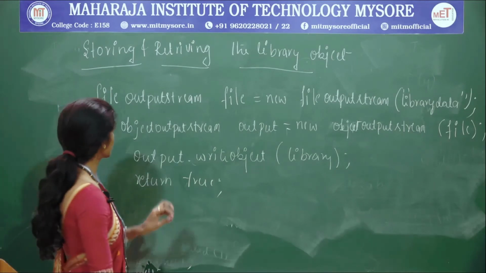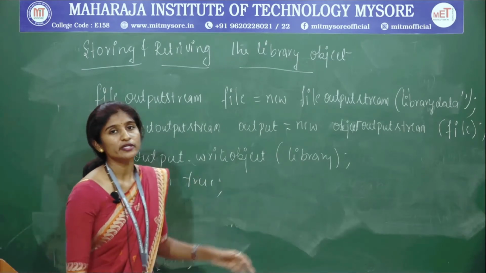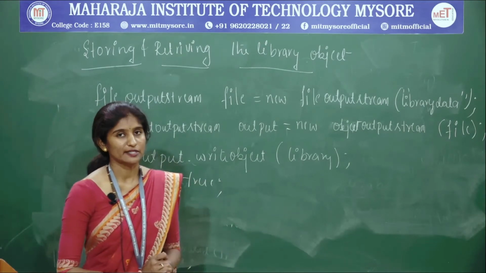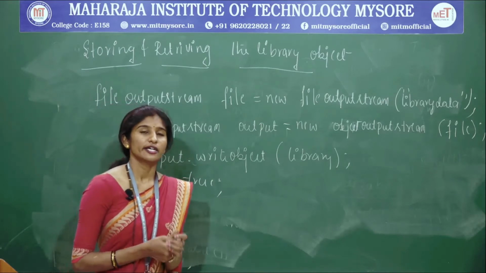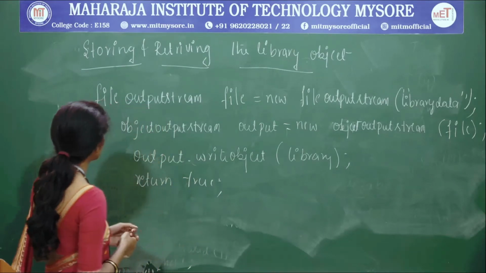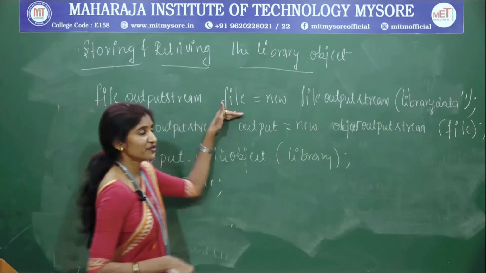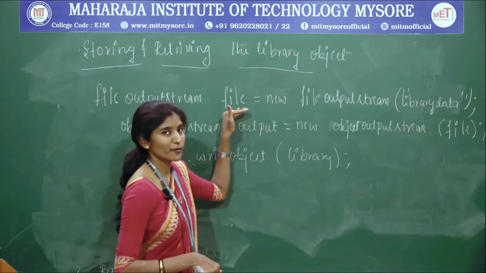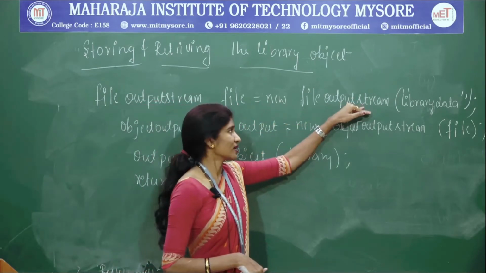So you can just see here what I have written. In order to output what is present in the library system, I need to take out the elements or data that has been dumped to the library system. For that I have used a file output stream. I have created an object for the same, as a pointer, called file, and I have used a constructor.